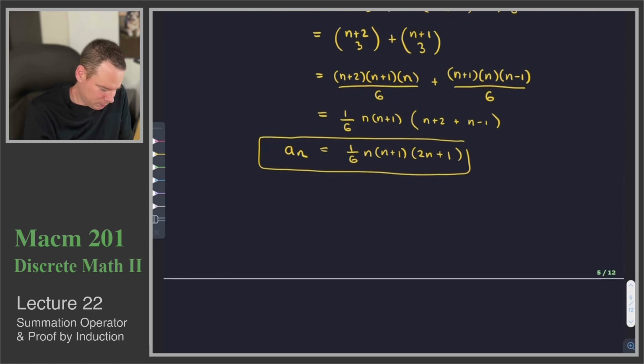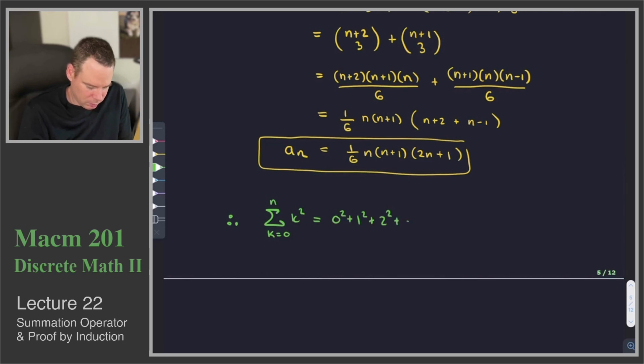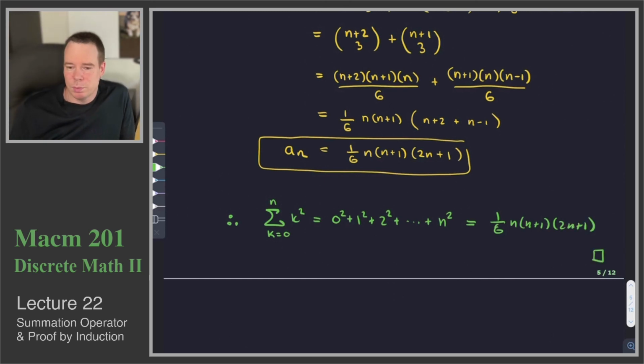So therefore, we have that the sum of k goes from 0 to n of k squared, or in other words 0 squared plus 1 squared plus 2 squared all the way up to n squared is equal to 1/6 n plus 1 to n plus 1. And so there we go. We have just generated the formula for the sum of consecutive squares.